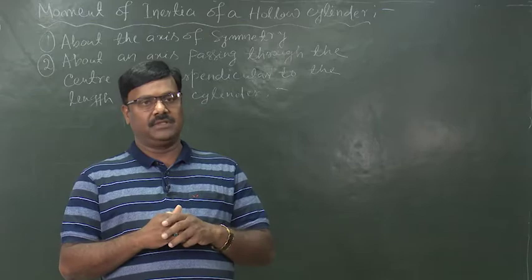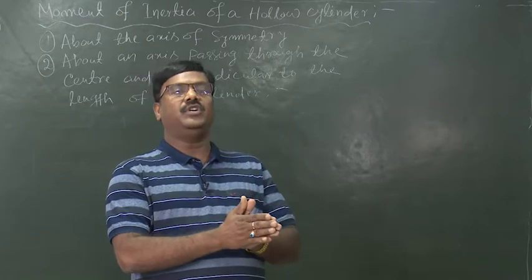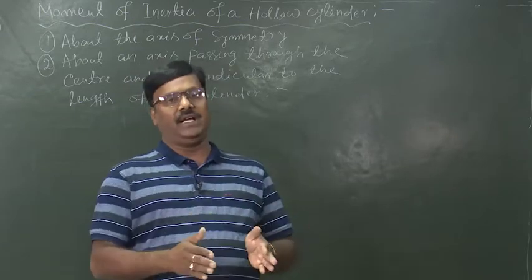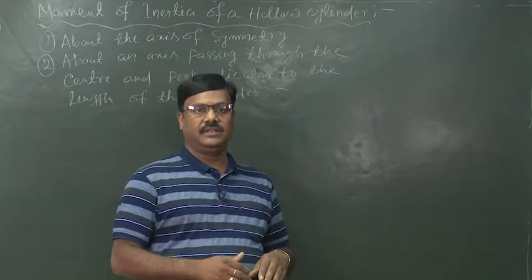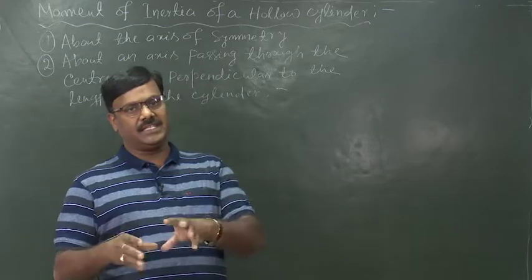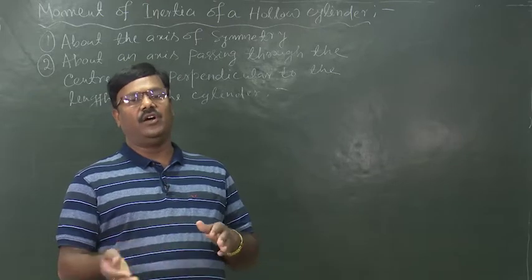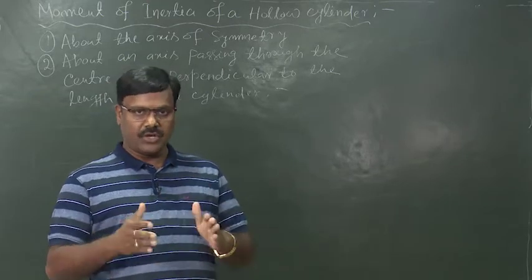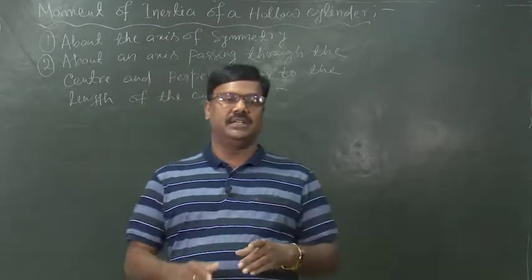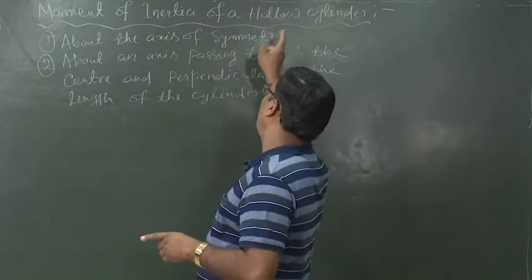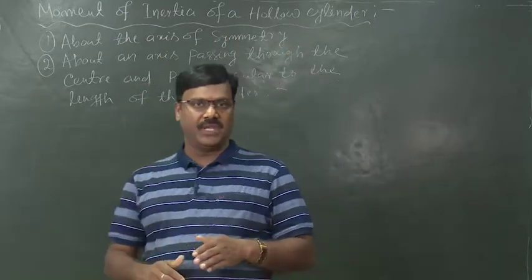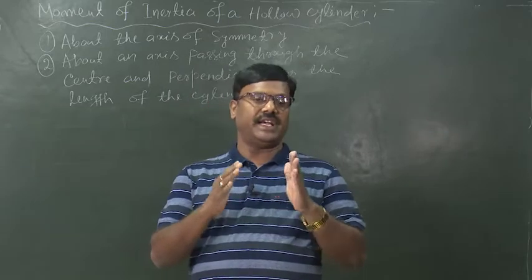But if we are able to find the moment of inertia of a hollow cylinder, then it will be very easy for us to calculate the moment of inertia of a solid cylinder. So, let us first calculate the moment of inertia of a hollow cylinder about two different axes.